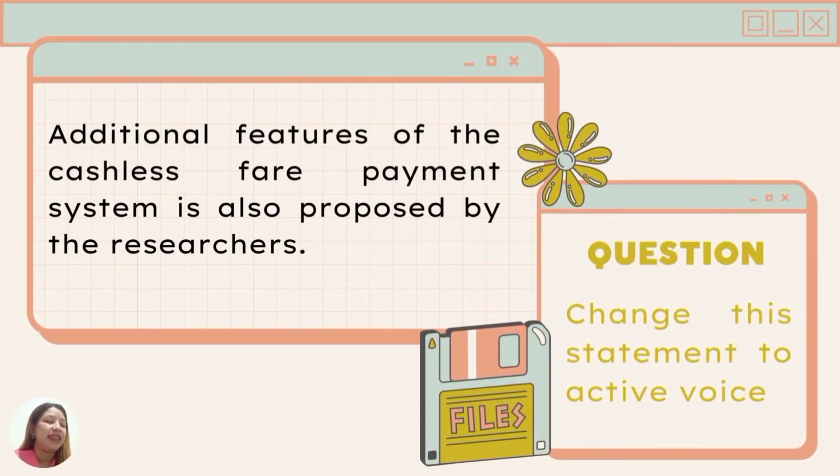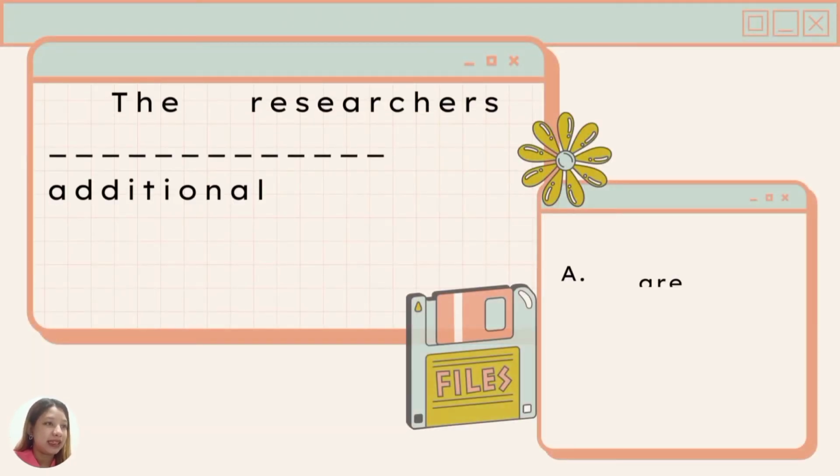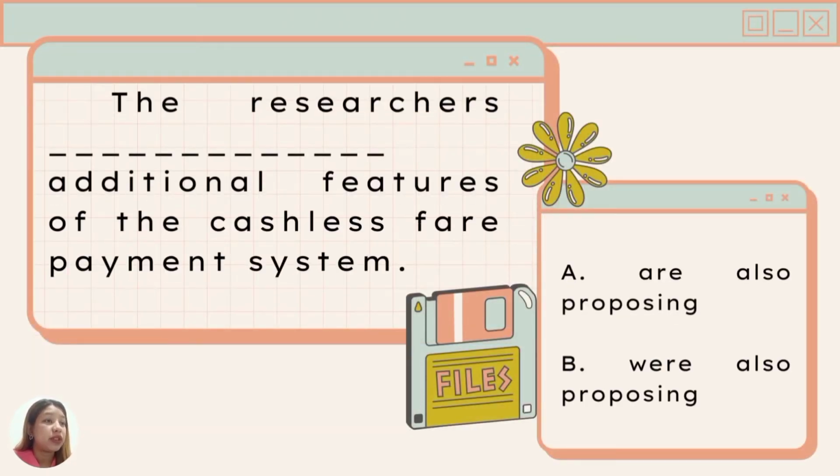Let's try another one. Additional features of the cashless fare payment system is also proposed by the researchers. If we will change this statement to active voice, it will become like this. The researchers blank additional features of the cashless fare payment system.